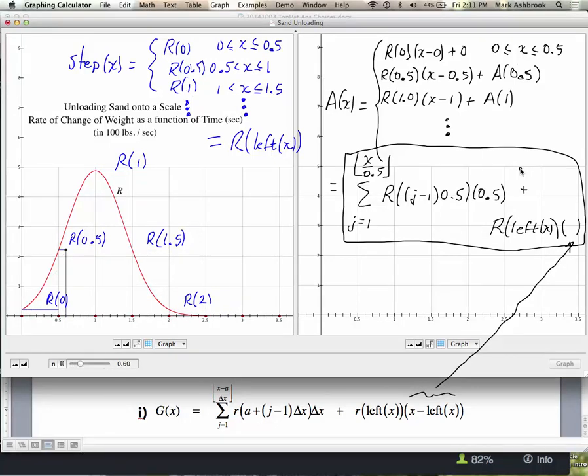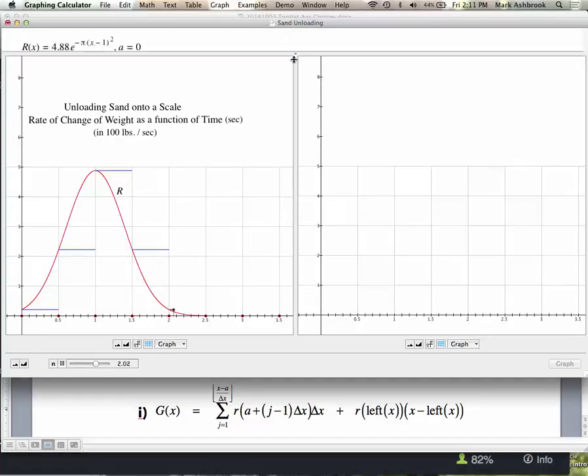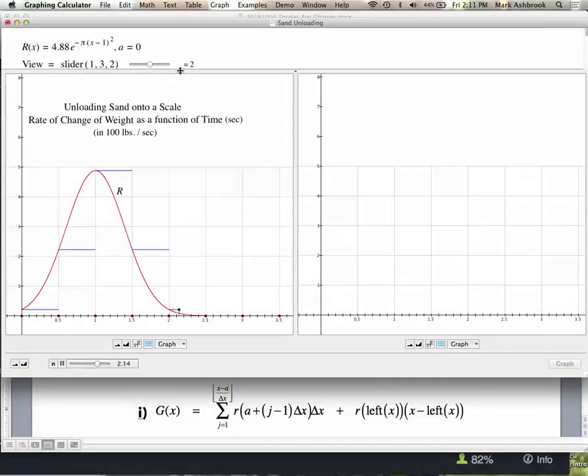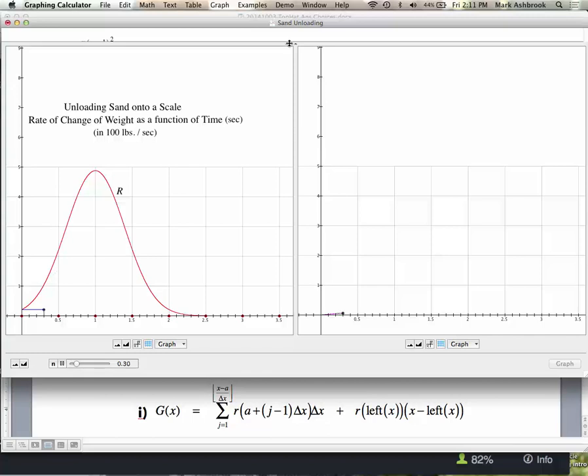Old y is also... How many of you got it before I showed you?